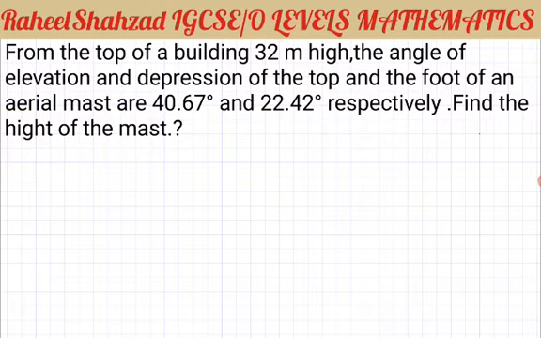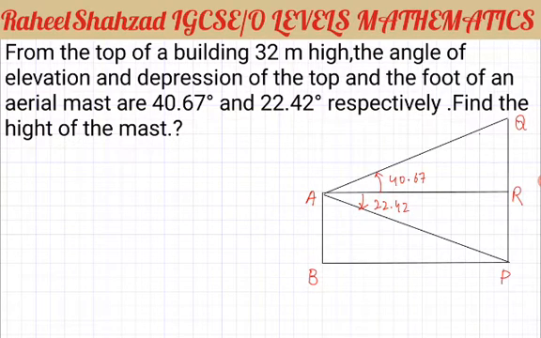Okay, so now let's assume that this is the building that is 32 meter high. You are standing at top of this building and you're observing, and we assume that this is PQ, the tower, right? And as observed from this A, we see that angle of elevation is 40.6. So you're standing at this, this is your level, okay?